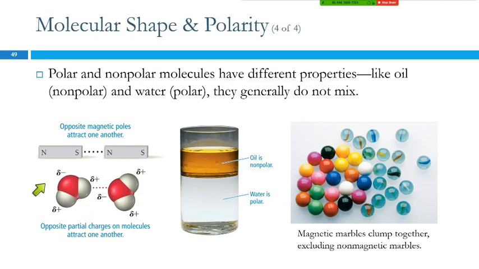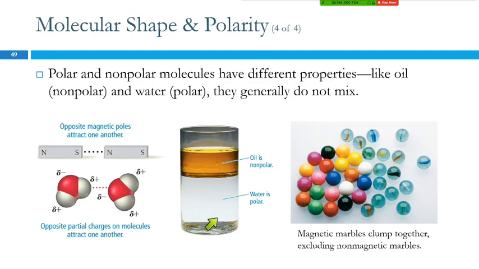Nonpolar molecules don't have those charges on them, and we'll talk about how they get attracted to each other in chapter 12, but they're not attracted in this way. And so we can think of this as being a lot like what would happen if you'd mix regular glass marbles with magnetic marbles. And even if you've never done this, you can probably imagine the magnetic marbles are going to stick together, and they're going to squeeze out the glass marbles because the glass marbles just aren't attracted to each other.